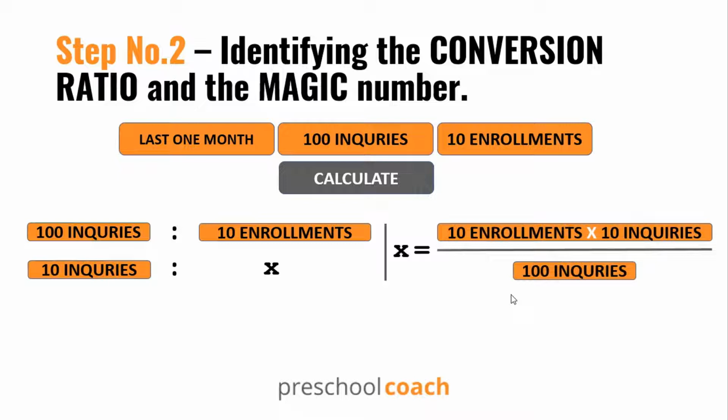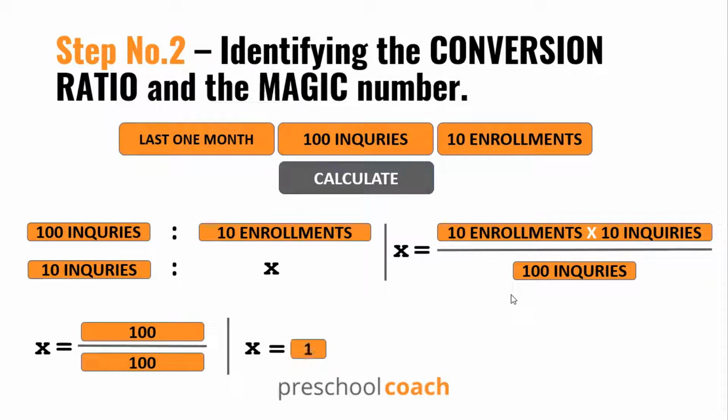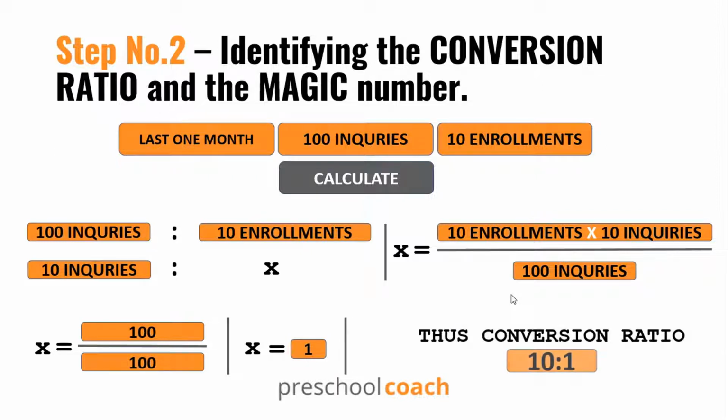So X is equal to 10 enrollments into 10 inquiries upon 100 inquiries. Thus X is equal to 100 upon 100. Thus X is equal to 1. Thus conversion ratio is 10:1.